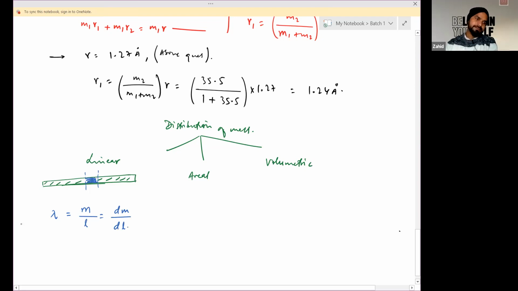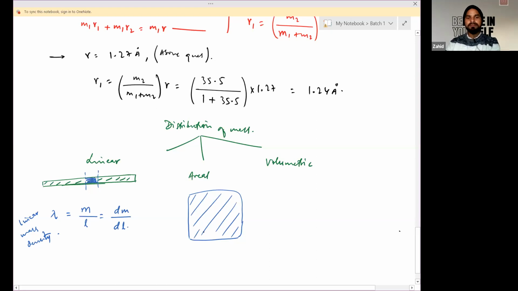So this lambda is termed linear mass density. Is it clear? Hamza, is it clear? Yes, sir.